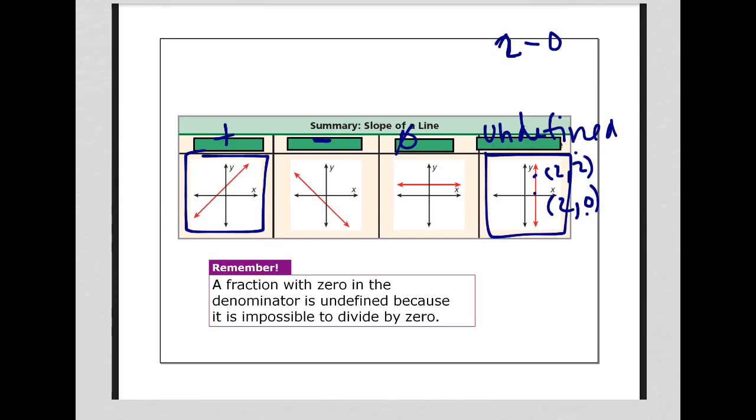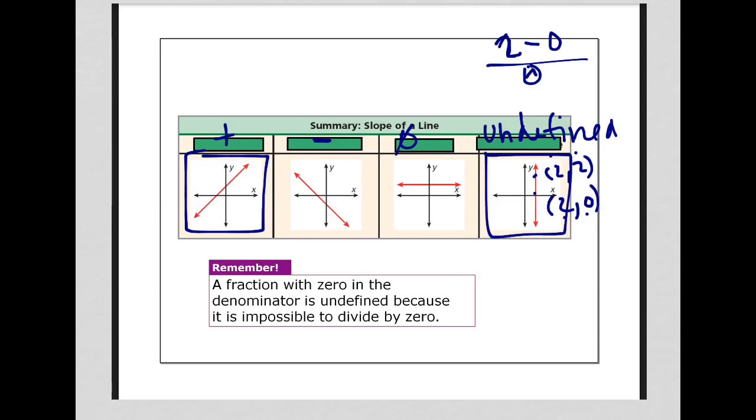Over, well, 2 minus 2 gives us 0, and we don't want 0 in the denominator, right? That makes us sad. Okay, so that gives us an undefined slope, meaning our line is completely vertical.